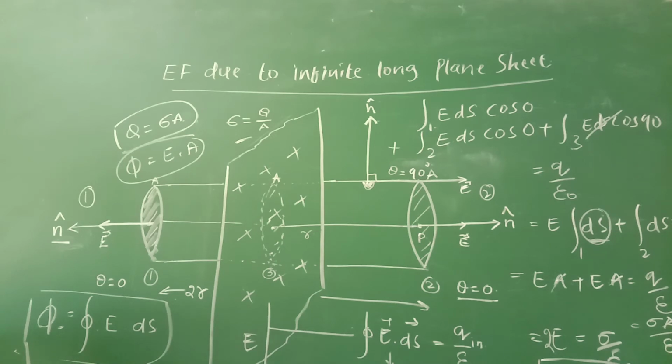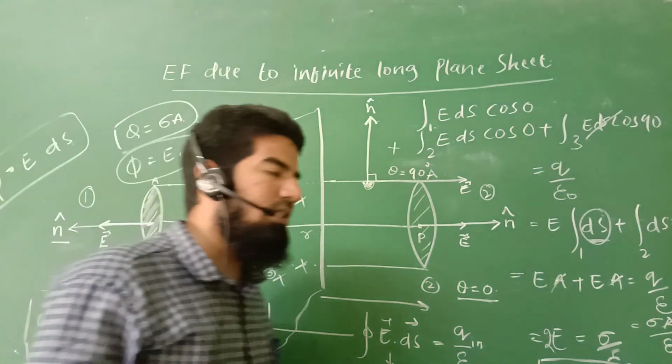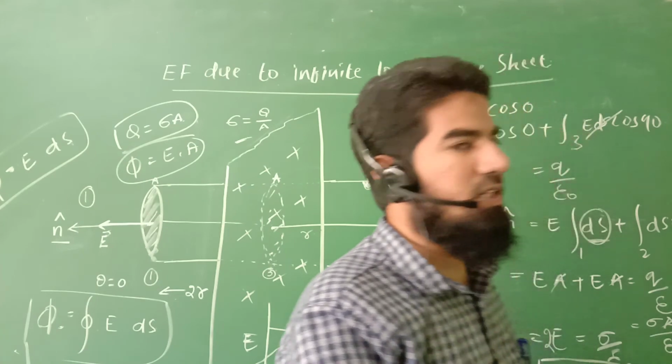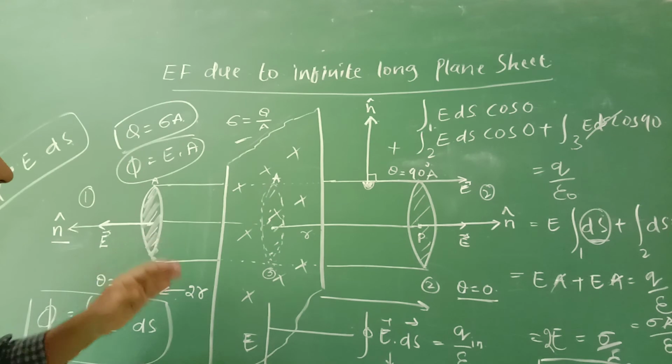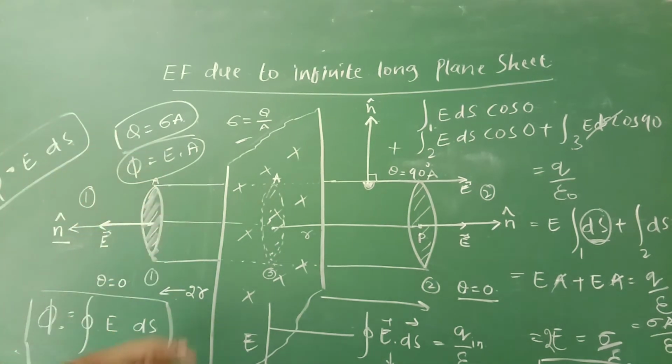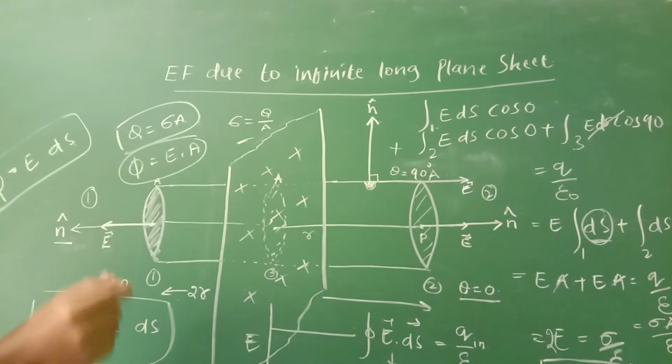So psi is equal to E dot ds, where ds is the smallest area element on the sphere. We have to add all those area elements, so we take the integration.